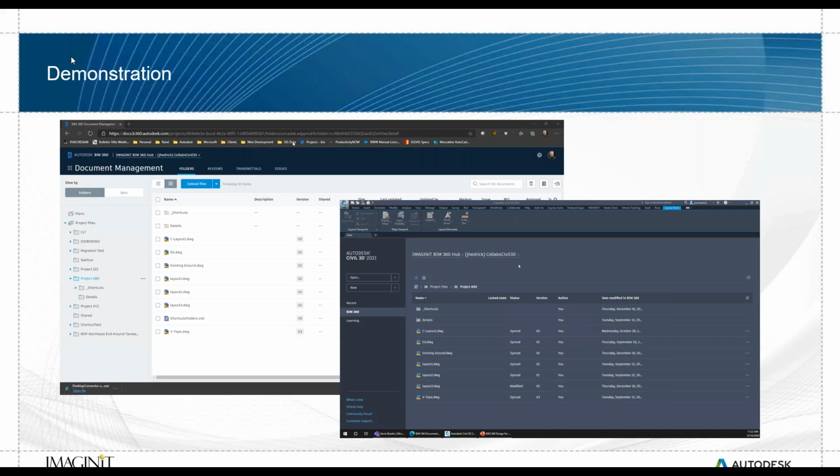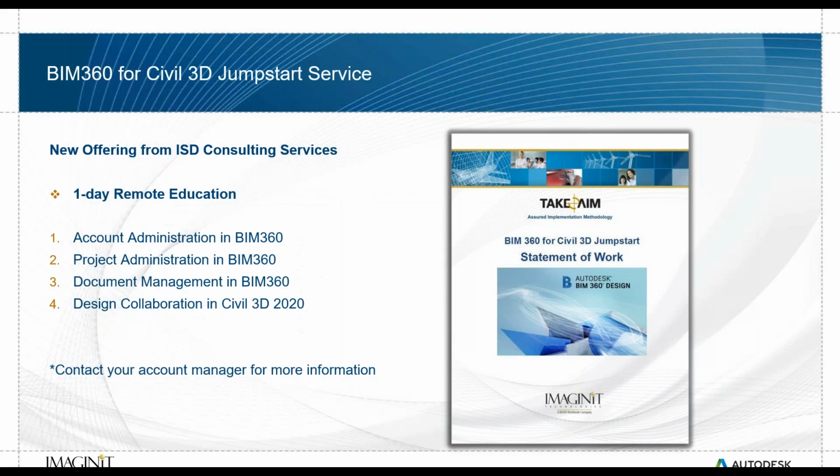As far as required software goes, it's Civil 3D 2020.2 or later, and you have to have BIM 360 Design, sometimes called BIM 360 Document Collaboration, and you have to have the Collaboration for Civil entitlement.